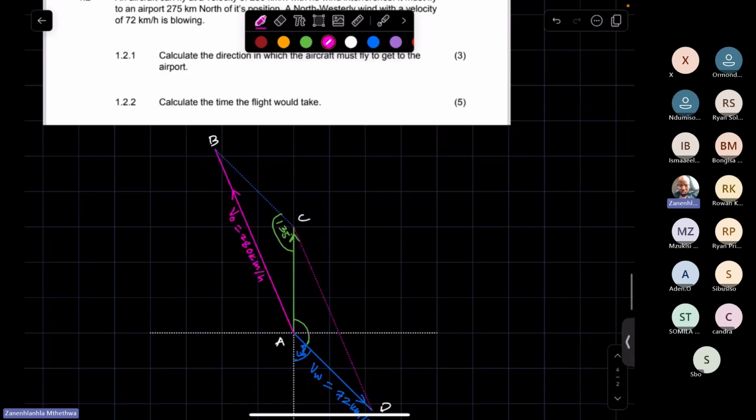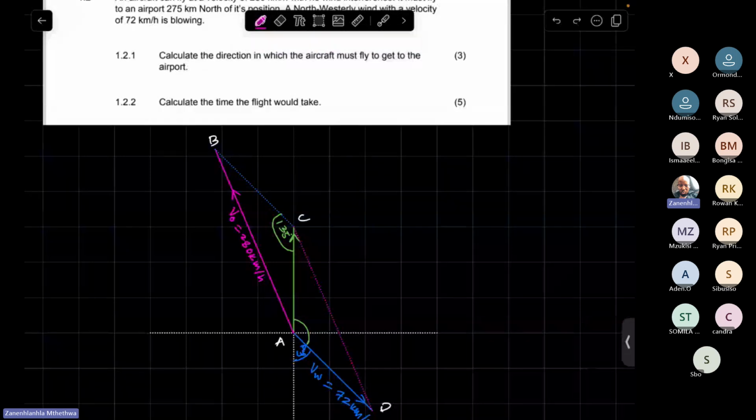Now that direction will either be referenced from the y-axis, that's that direction, or the x-axis, which is that direction. We are going to stick with what is convenient based on our parallelogram. So based on our parallelogram, that angle will be this one. Is that clear to everyone?